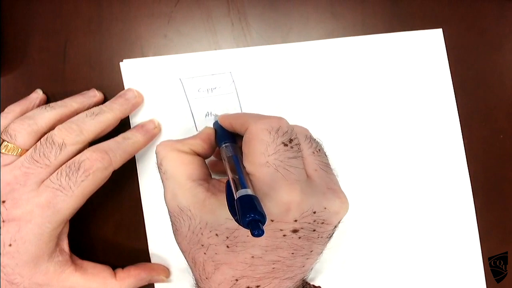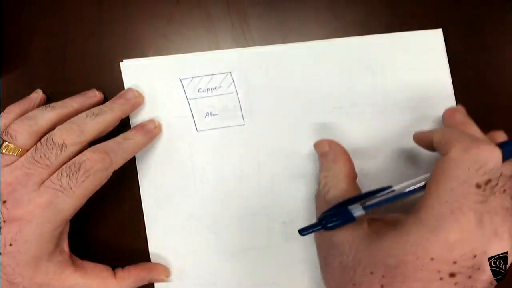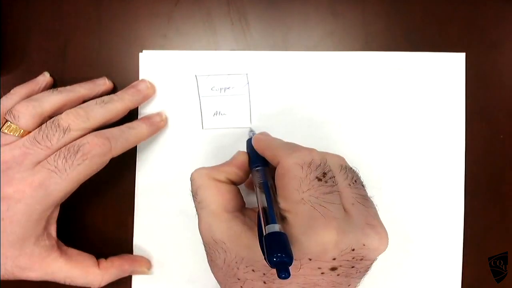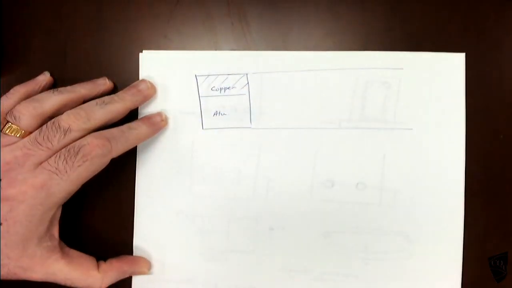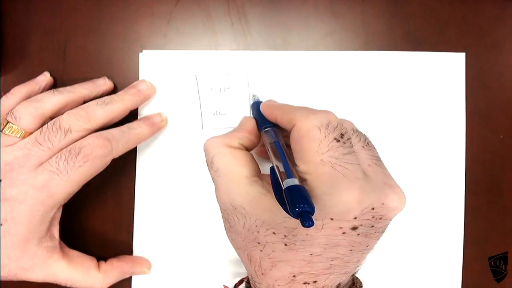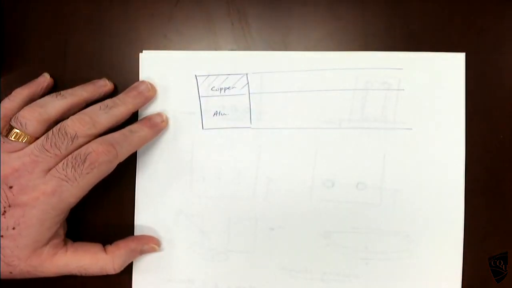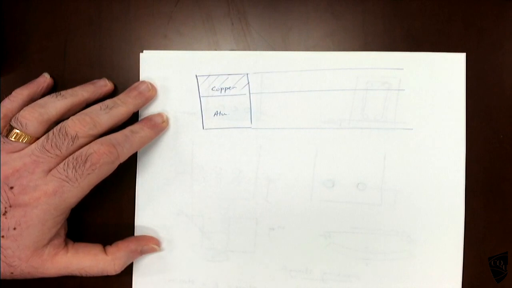Let's say this is aluminium. So to analyze this one, we transform one into the other.